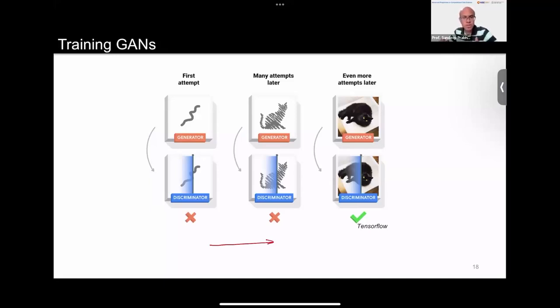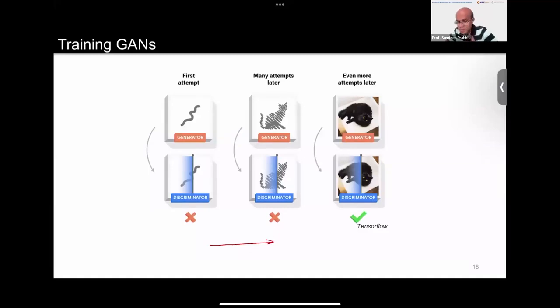As training progresses, many attempts later, the output of the generator starts moving towards how the input images look, but the discriminator can still distinguish it. Hopefully after many iterations, when the training converges, the output of the generator looks very similar to the class of inputs, which here is the class of cats.